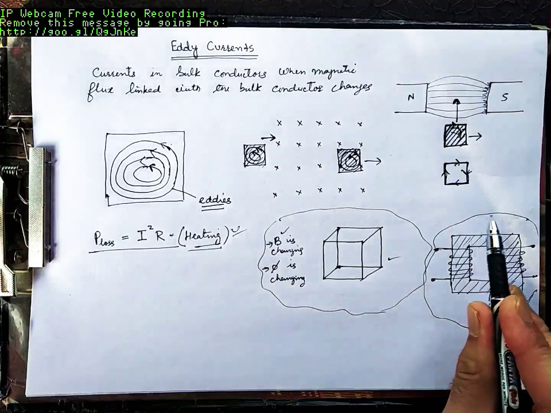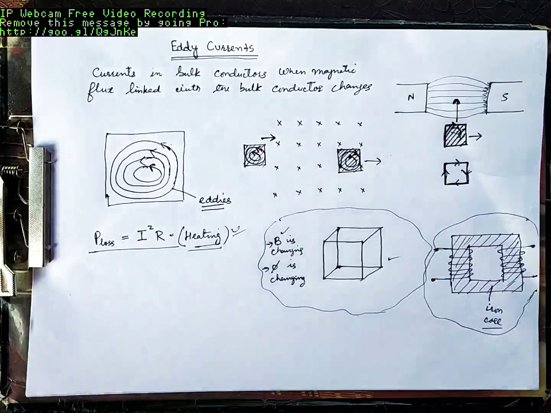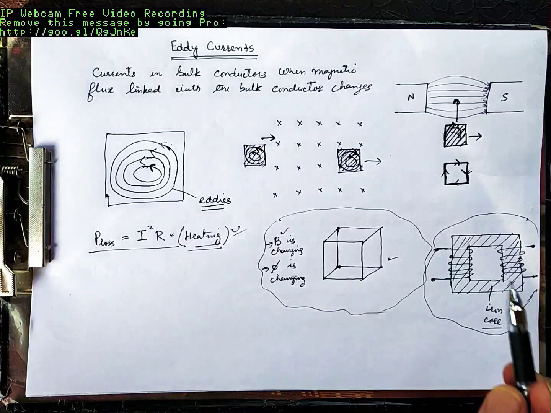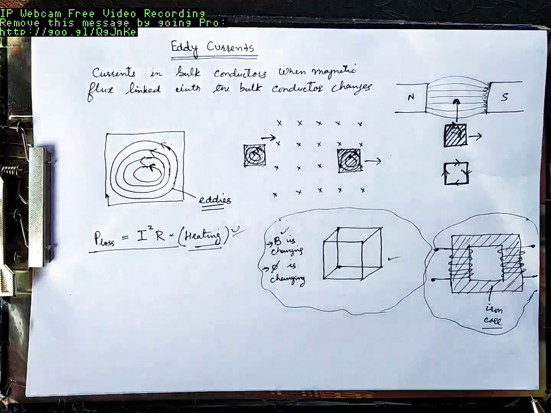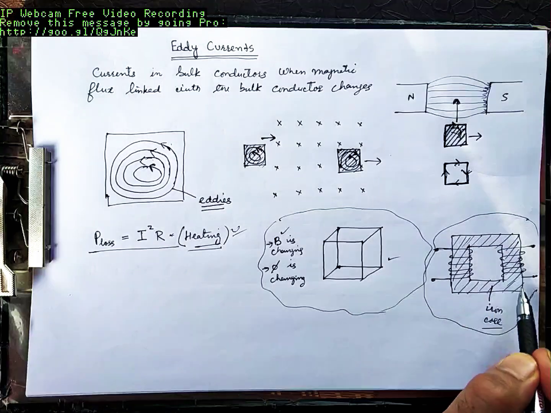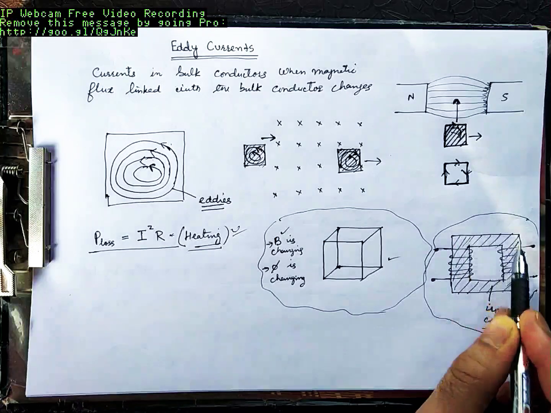When this whole material is experiencing a changing magnetic flux, this iron core is also experiencing changing magnetic flux.